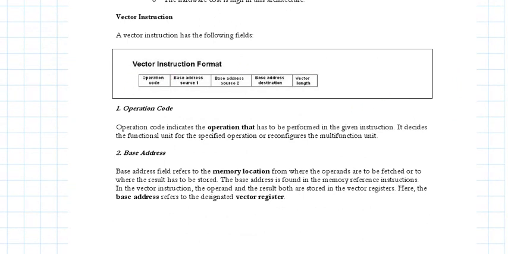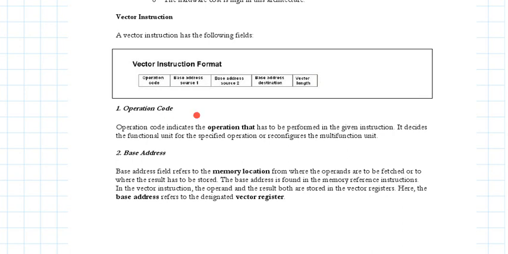It has an operation code. It has a base address for source 1, base address for source 2, base address for the destination, and the vector length you need to specify. Just have a look into the definitions for these different segments of vector instruction.